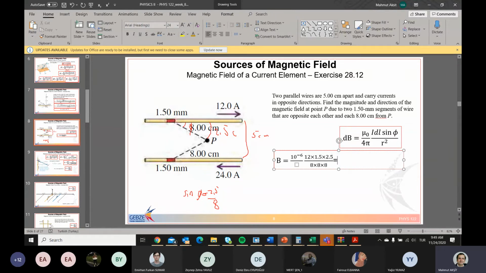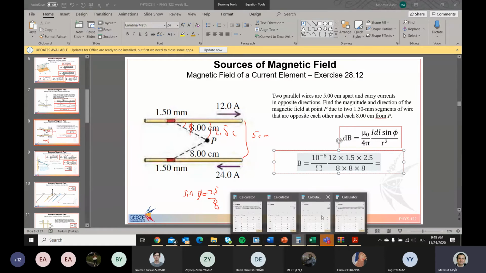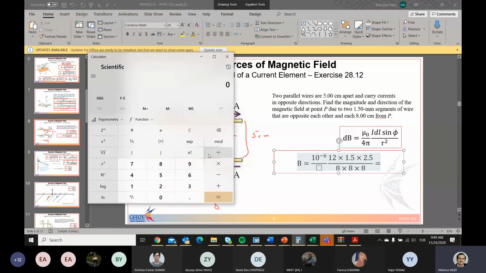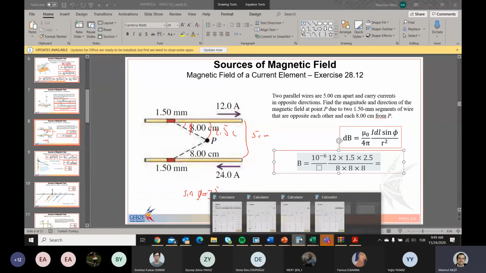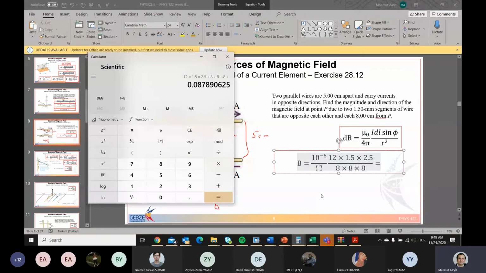So let's calculate this. 12, 1.5, 2.5, divide 8, 8, 8. Okay, 0.088. What was it? 0.088.